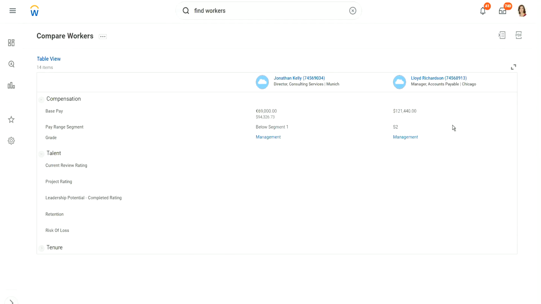What does it mean if it says S2 or maybe below segment 1? What were those pay range segments? It divided the entire pay range into some smaller parts. So we call those parts segments, correct? So what information does it give you if I tell you that somebody is in S2?